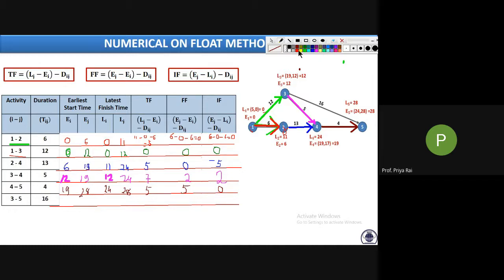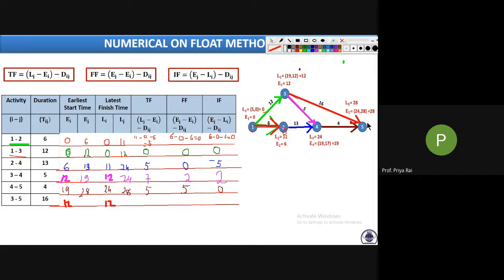Now last, 3 to 5. I is 3, J is 5. So 12 12, EI 12. Here it will be 12. Here also it is 12.